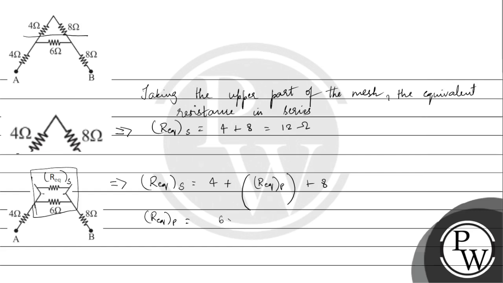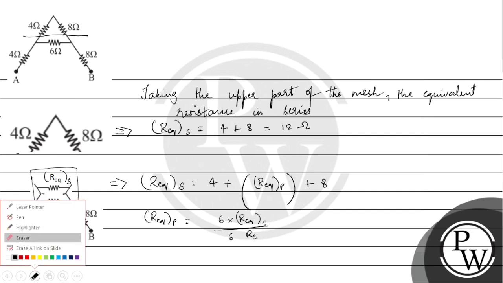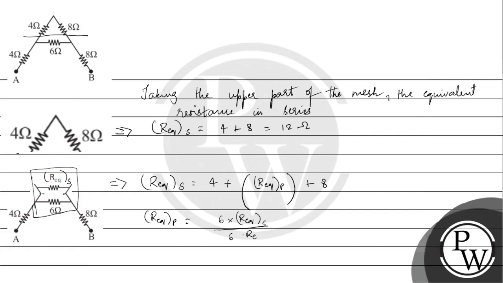So this for the parallel connection will be 6 into the equivalent resistance from the previous calculation divided by 6 plus R equivalent from the first. Maybe we should represent this with a prime.